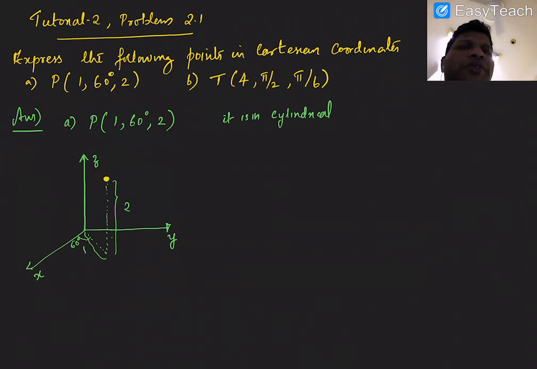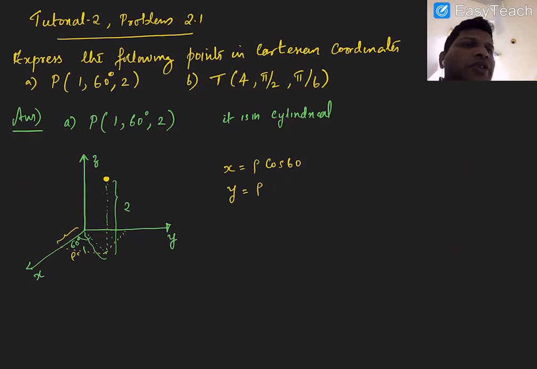So how to express this? You know that rho is equal to 1 and the angle is 60 degrees. So what will be the projection on the x-axis? The projection on the x-axis is given as x is equal to rho times cosine of 60. Similarly, the projection on the y-axis is y is equal to rho times sine of 60.